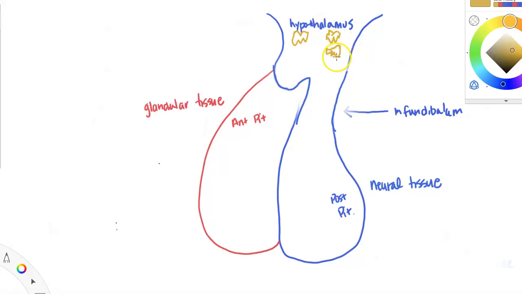And our hypothalamus sends those hormones down an axon into the posterior pituitary.